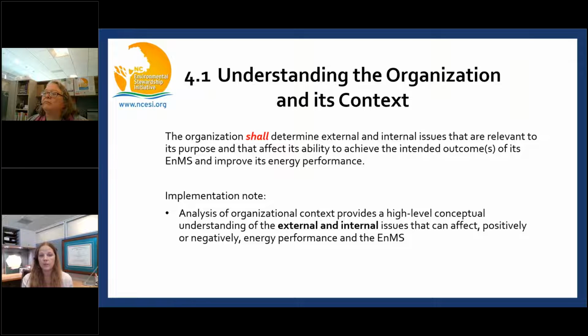However, as you'll see in just a moment, there are definitely external environmental factors that can affect your organization, so you probably should take those into account. The other thing to note is that the analysis of the organizational context provides a high-level conceptual understanding of the external and internal issues that can affect, both positively and negatively, your energy performance and therefore the ENMS.